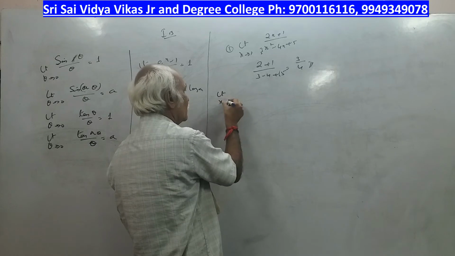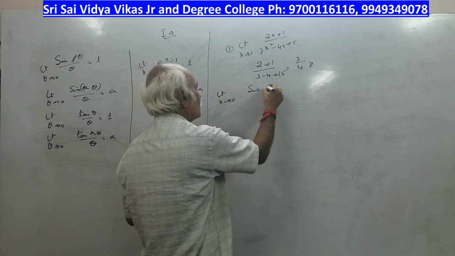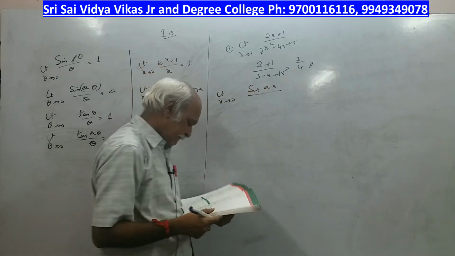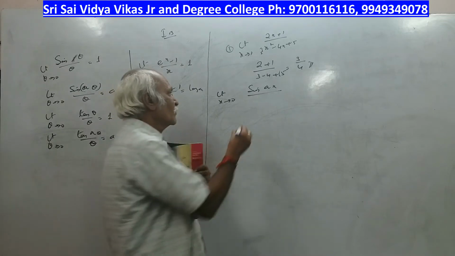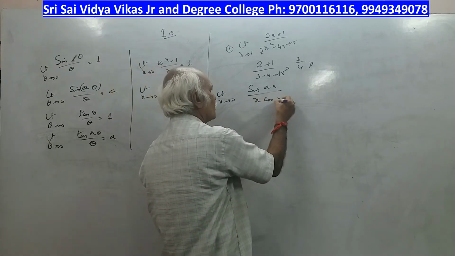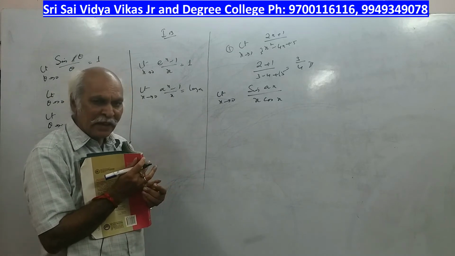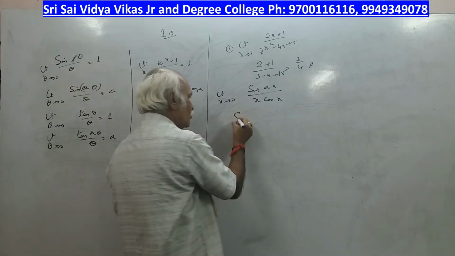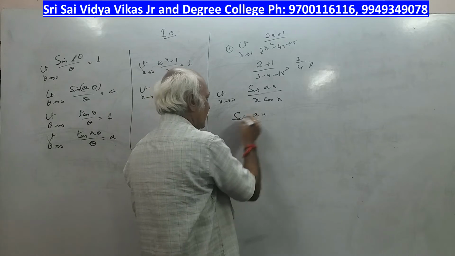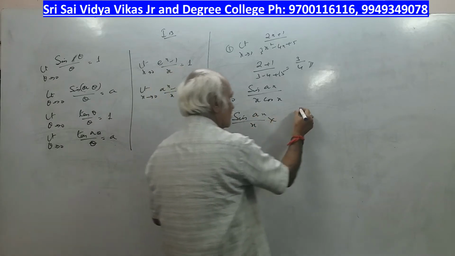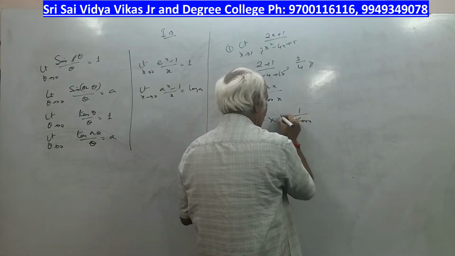Limit x tends to 0, sin ax by x cos x. Now, what I am doing? Limit x tends to 0, sin ax by x into 1 by cos x.